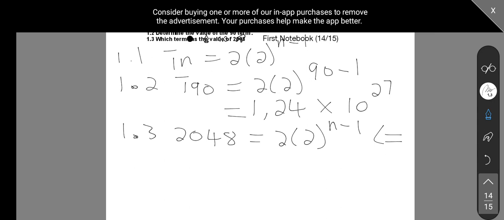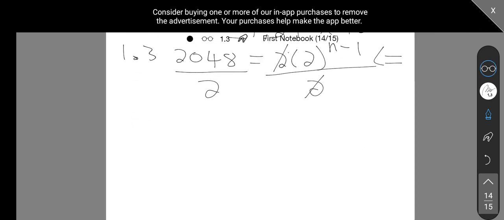When you are here, you can divide everything by 2, by the coefficient, both sides. Then the 2 cancels the 2, but the 2 that is attached to the exponent is not divisible. Do not divide it. That is not mathematically correct.